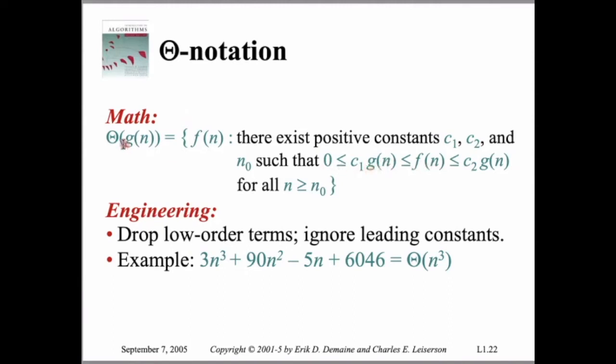So we have a loose representation of the asymptotic growth of that function. So this is one possible representation of the asymptotic notation.